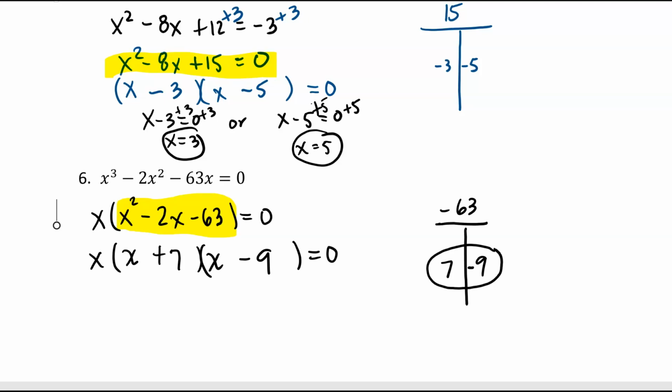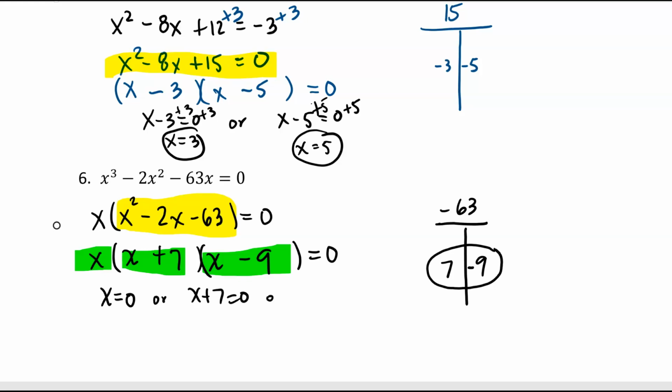Now, how many factors do we have? We have 3 different factors, right? We have x, x plus 7, and x minus 9. We're going to set each one of those to 0. So x equals 0, x plus 7 equals 0, and x minus 9 equals 0.